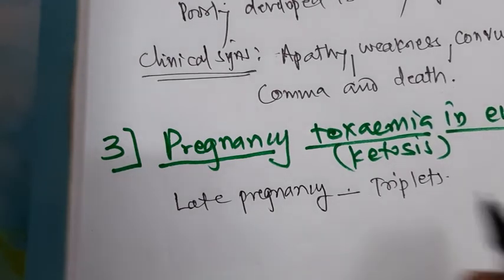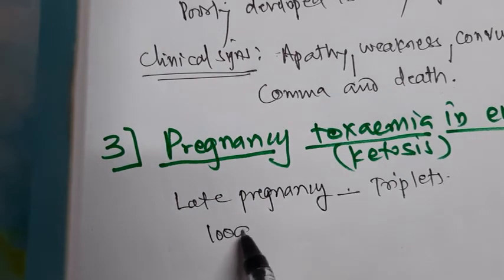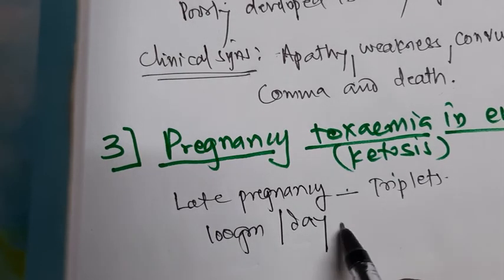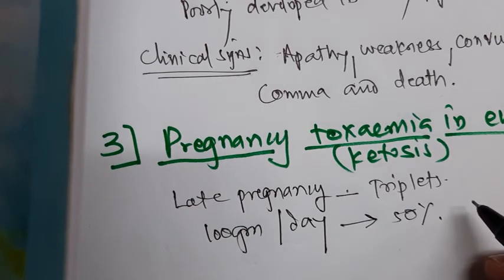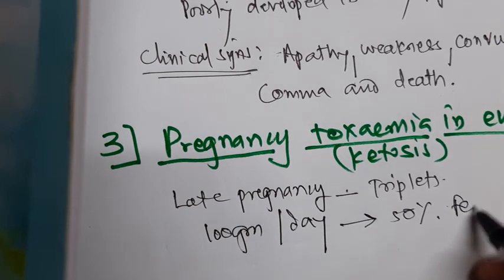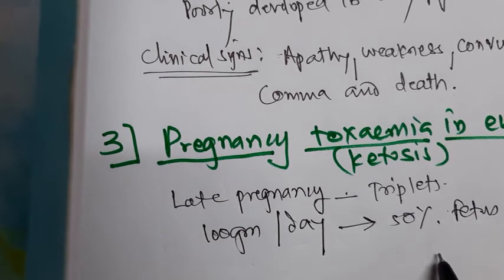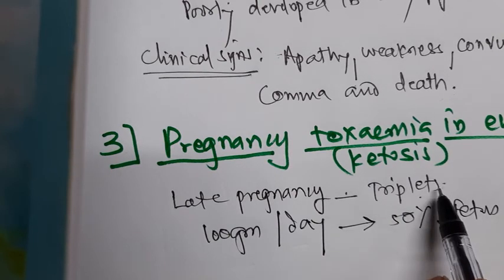In sheep, the glucose turnover requirement is about 100 grams per day, and out of this, 50% is for the maintenance of the fetus during pregnancy.